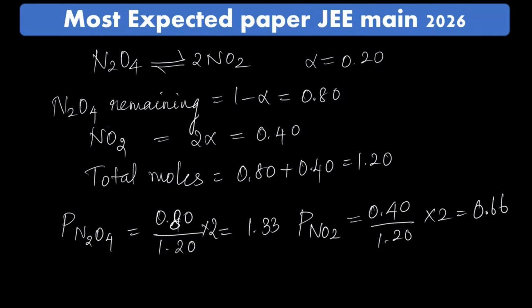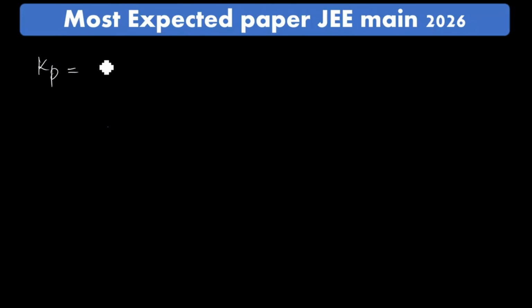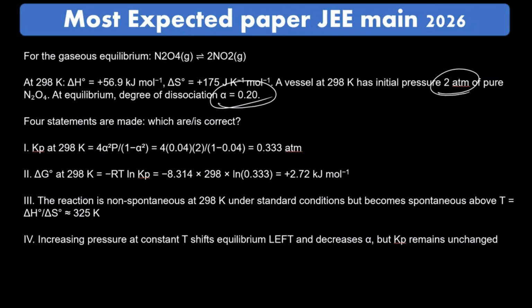Okay, now let's find out Kp. Kp is equal to 0.66, that is pNO2, to the power 2, by 1.33, which would be 0.33 atm. Okay, so what we are going to do is check whether any Kp terms are involved over here.